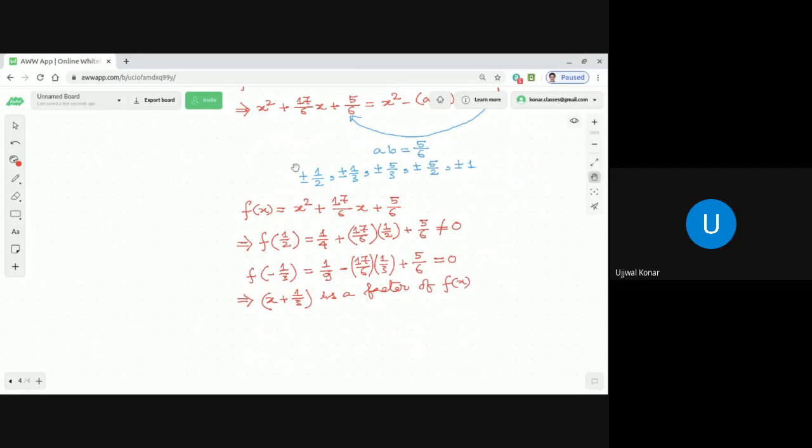In a similar manner, we will find by trial what the different factors are. So we take the factors from here. We tried with 1/2, we didn't get 0. We tried with −1/3, we get 0. Like that, if we find f(−5/2), then also we'll find it is 0, just by the trial and error method.